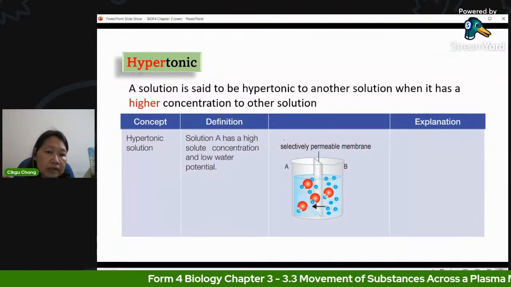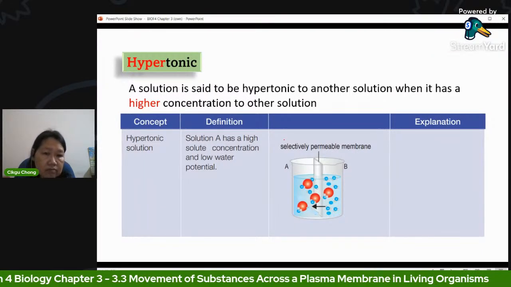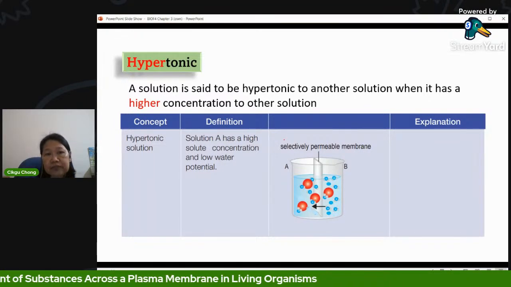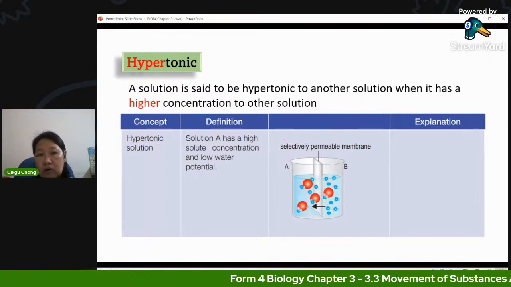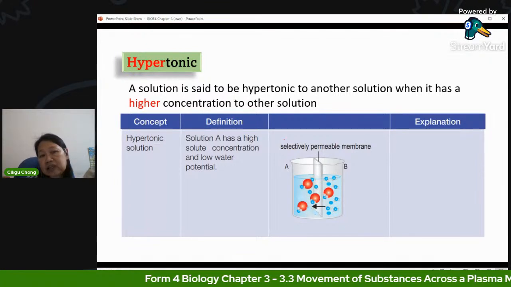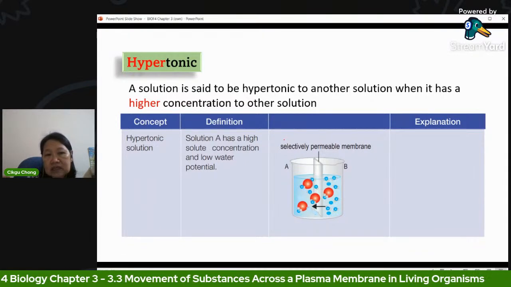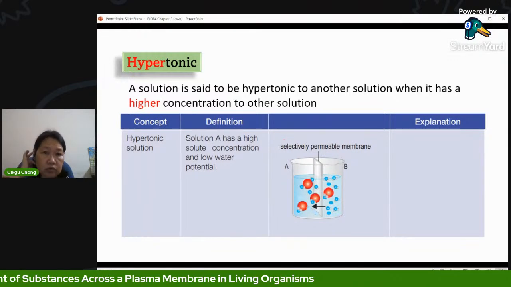And water will be less: water only has 6 on the A side, and B will have 10. So solution A is said to be a hypertonic solution. Solution A has a high solute concentration and a low water potential. If it's high solute, that means low water. The opposite here, B will have high water but low solute.